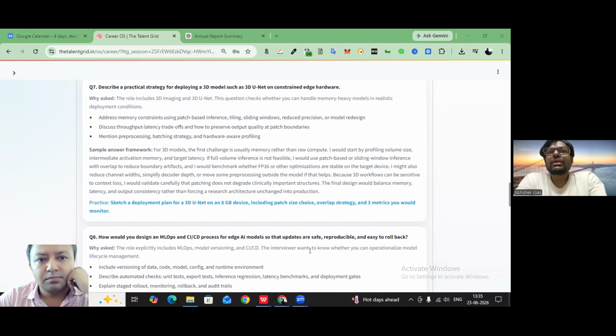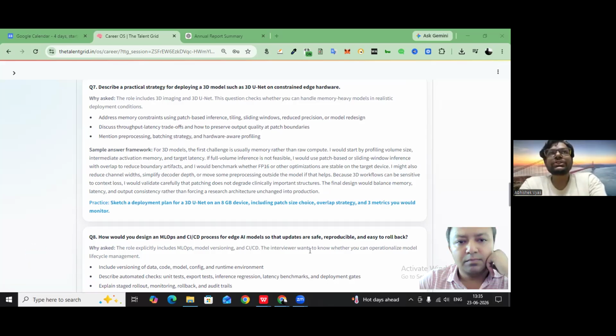So the workflow is splitting the volume into patches, running inference on each patch, and then merging predictions to reconstruct the entire segmentation mask. By doing this, we can dramatically reduce the memory consumption, and it also allows the deployment on limited memory constraints.